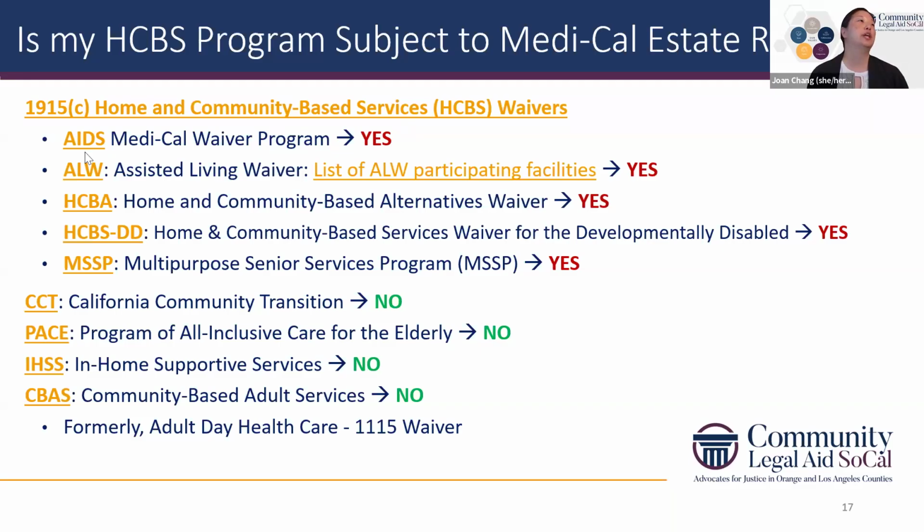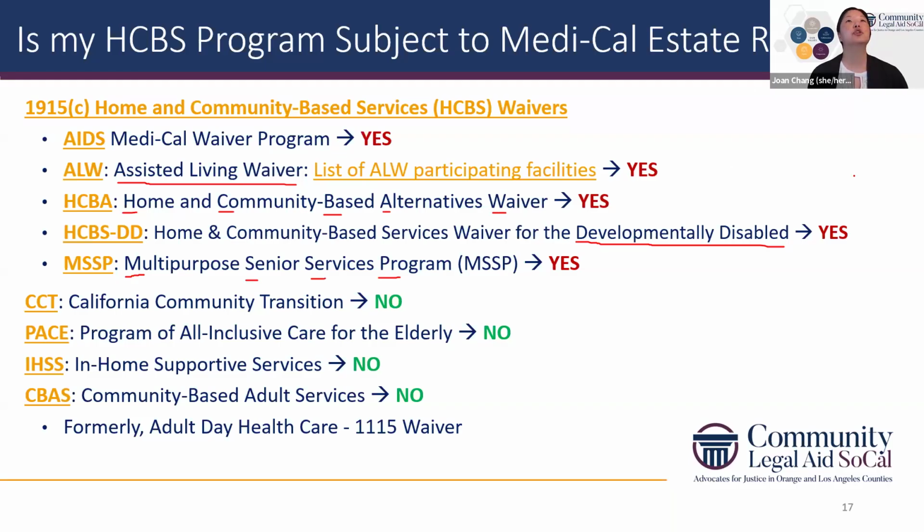So if they participated in what we call the AIDS Medi-Cal waiver program, the more popular Assisted Living Waiver program, also what we call the HCBA, which is the Home and Community-Based Alternatives Waiver program. We're also talking about the HCBS DD, where DD stands for the Developmentally Disabled program, or the MSSP program, which is the Multipurpose Senior Services Program.